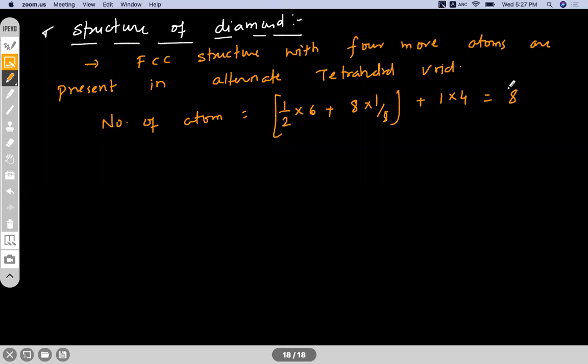Write down. The carbon atom in tetrahedral void is in contact with its 4 surrounding carbon atoms.